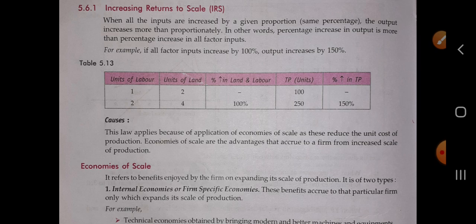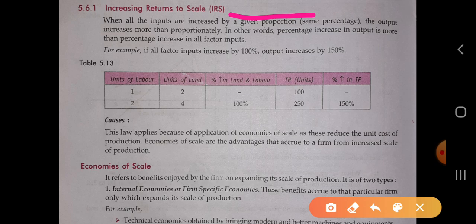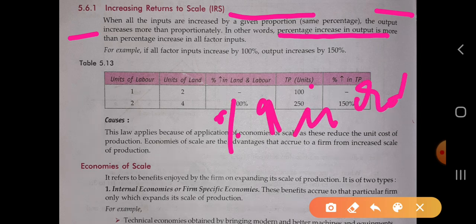But when all the inputs are increased by the given proportion, all the fixed factors and the variable factors increased in the same percentage, the output increases more than proportionately. Means the output, by acquiring the different inputs, will be more than the proportion of the fixed and variable factors. In other words, the percentage increase in output is more than the percentage increase in inputs, okay.